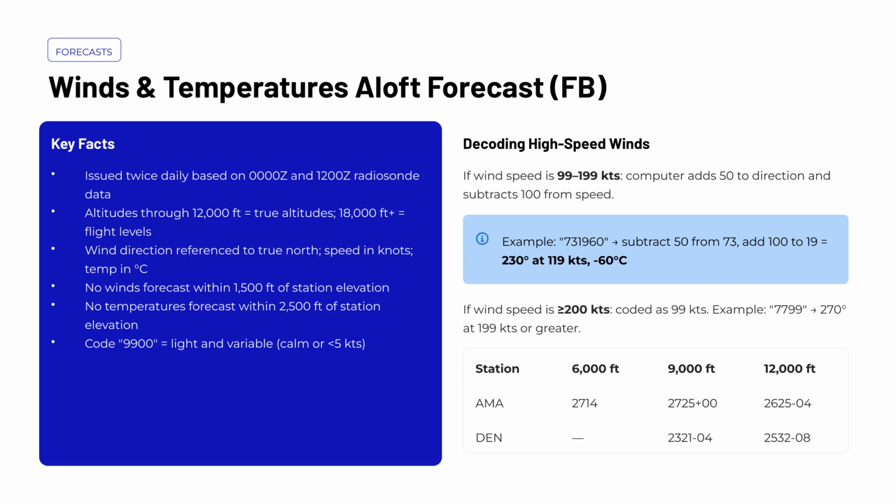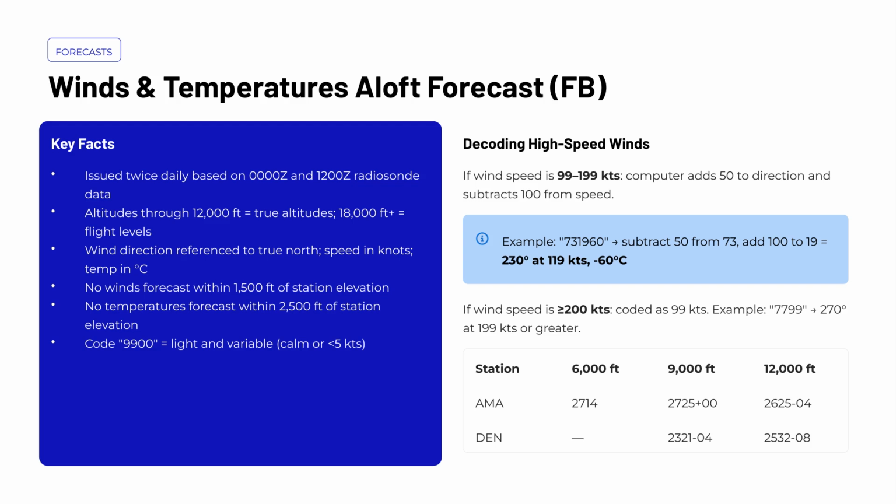Decoding high-speed winds requires a specific technique. When the encoded direction digits exceed 50, you subtract 50 from the direction and add 100 to the speed. So the code 731962 decodes to 230 degrees at 119 knots with a temperature of negative 60 degrees Celsius.